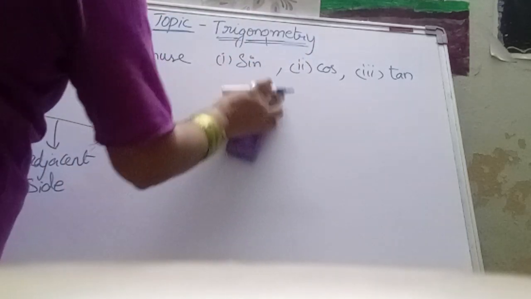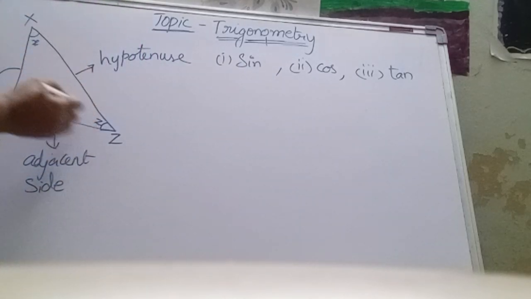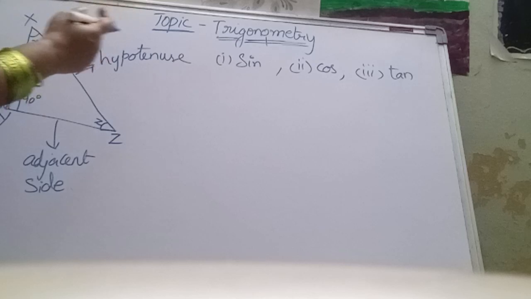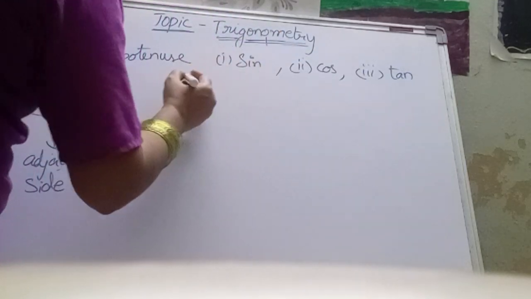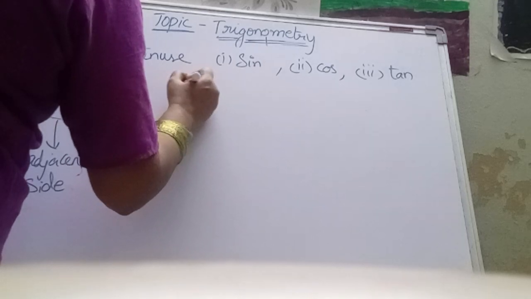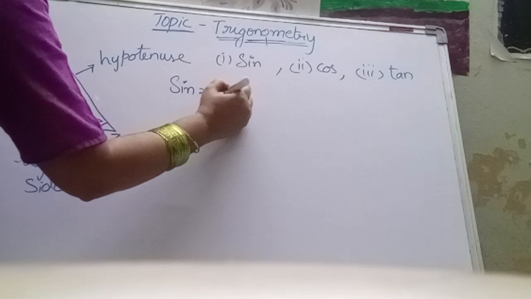Okay, so here we have angle x, angle z and angle y. Using them, what is the formula we get for these three basic trigonometric functions? First I am taking sine x. Here sine x equals what?